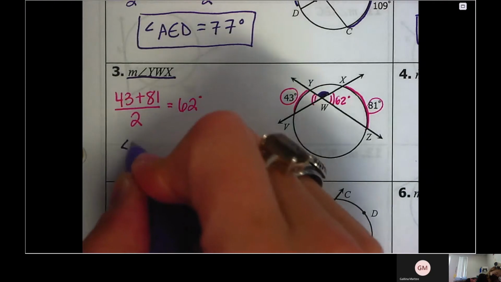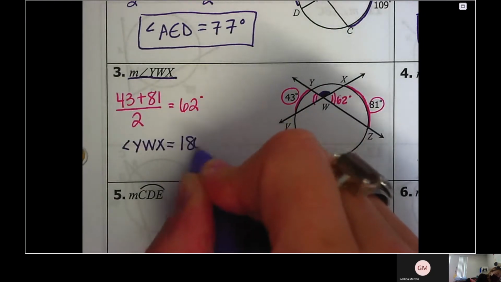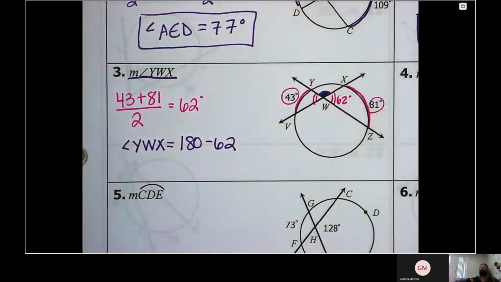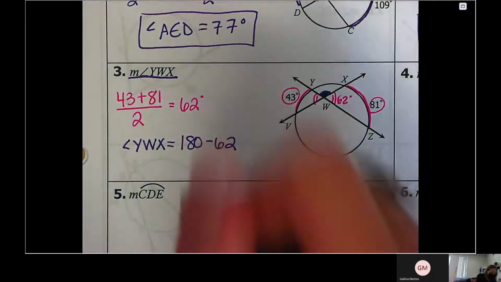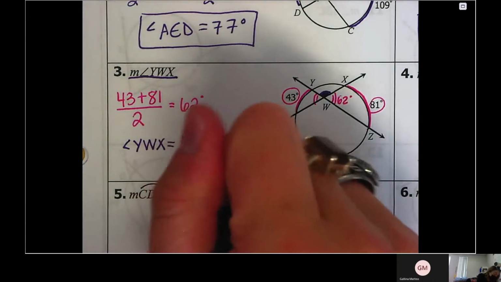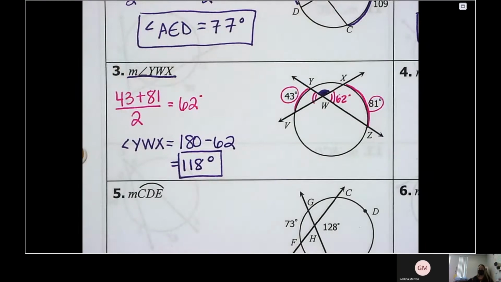So to find angle YWX, we do 180 minus 62. And what do you get when you subtract those two? 118. Beautiful. 118 degrees. Don't forget degrees.